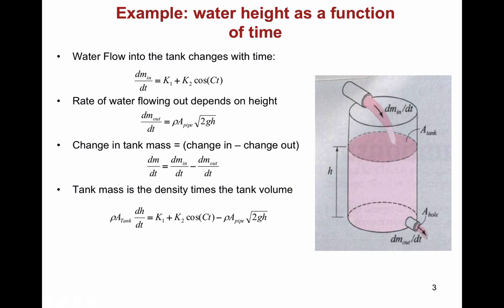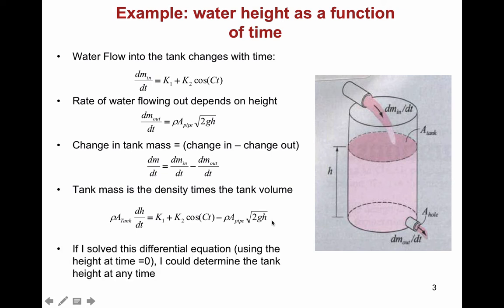This does not look like something I can necessarily find an analytic solution to. I have both t here and h here, so that can be a problem. Basically, if I solve this differential equation for h, starting at time equal to 0, then I have a solution for the height at any time, or close to it.